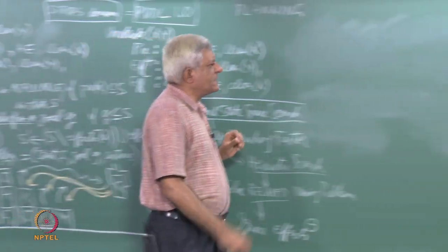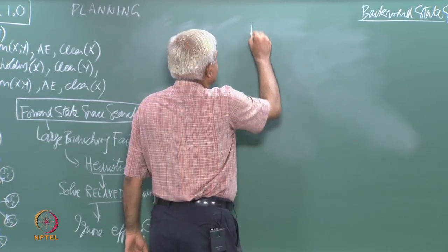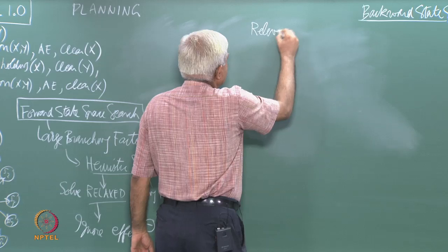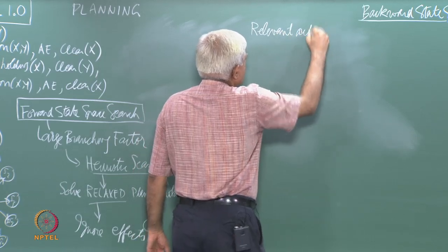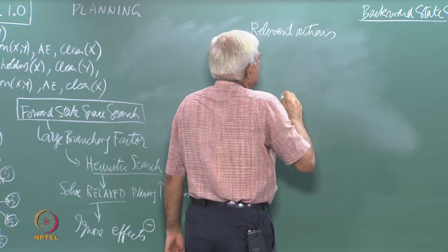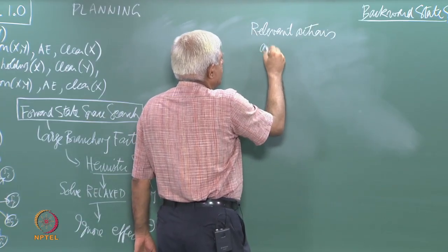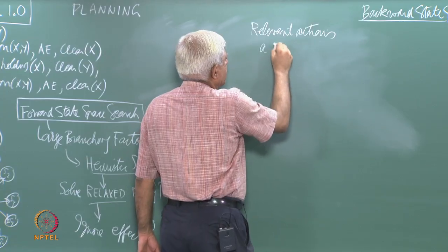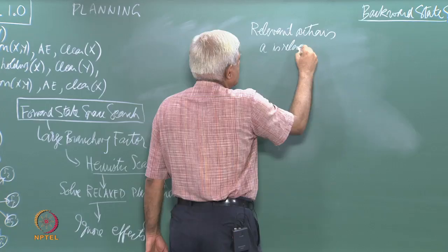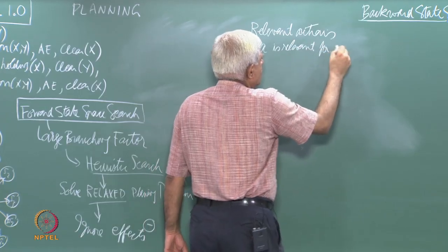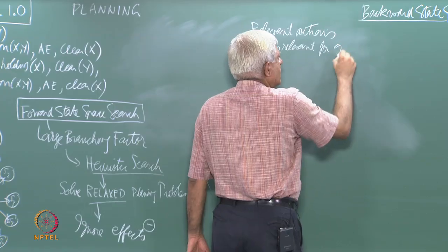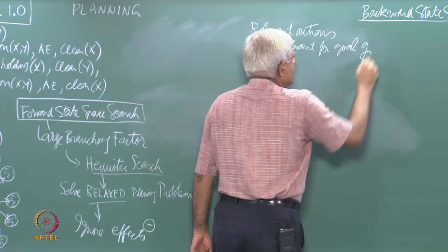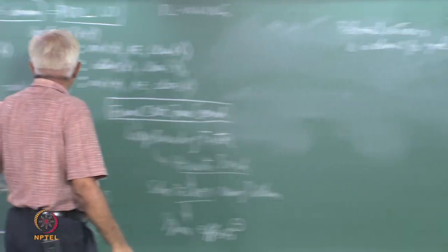We talk about something called relevant actions. So, we say an action A is relevant for a goal G. This is in some sense analogous to applicable actions.